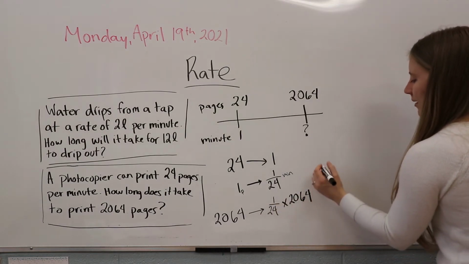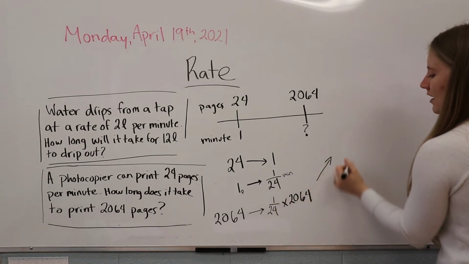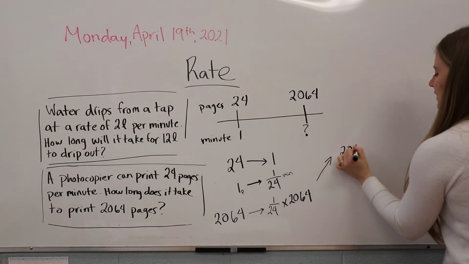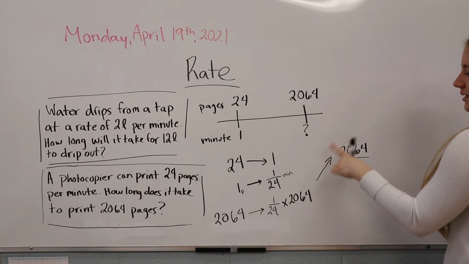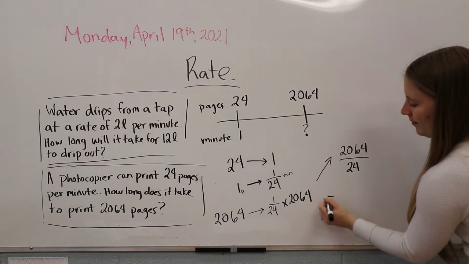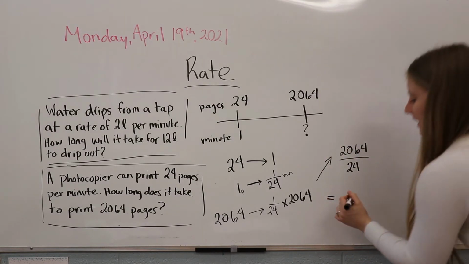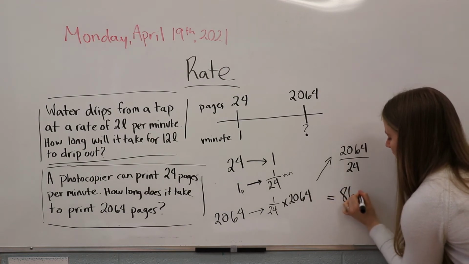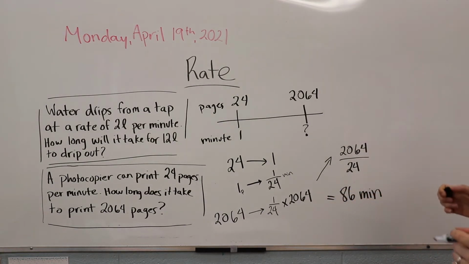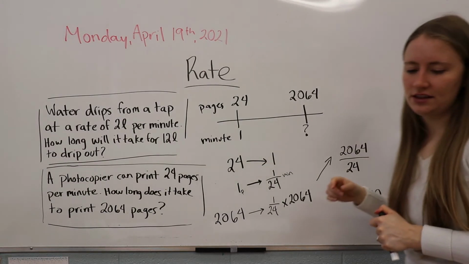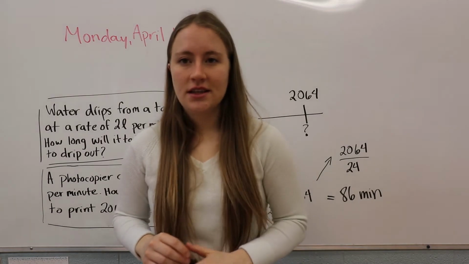So it will become, and I'm just going to put this over here to the side, 2,064 over 24, which you'll then have to simplify to become 86 minutes. Okay, so our final answer is that it takes 86 minutes to print 2,064 pages.